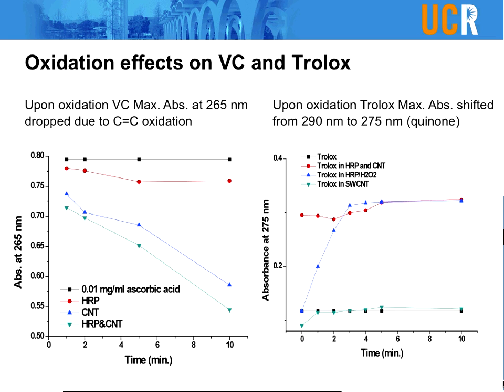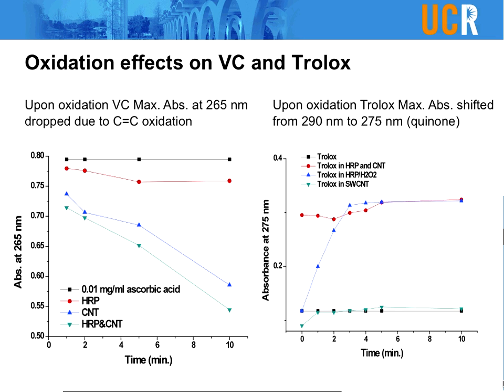And for ascorbic acid, which is also called vitamin C, actually it could be oxidized by the CNT solution itself. And the addition of HRP did not change the oxidation level too much, but it did enhance the oxidation a little bit. That's because the ascorbic acid reaction with HRP and hydrogen peroxide is kind of a slow reaction.